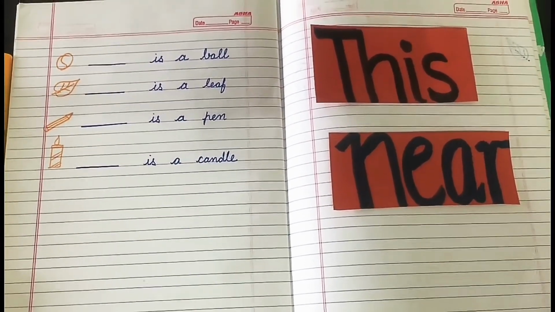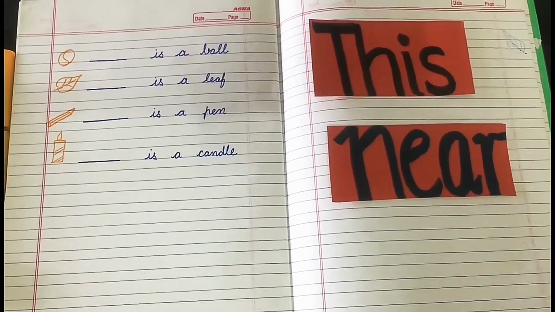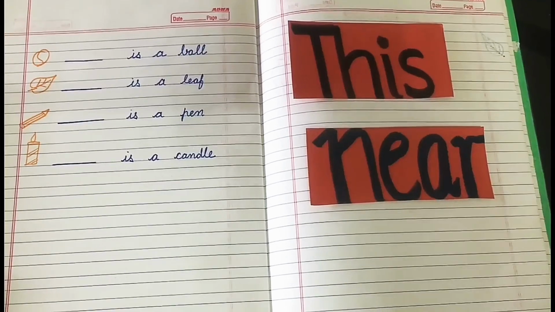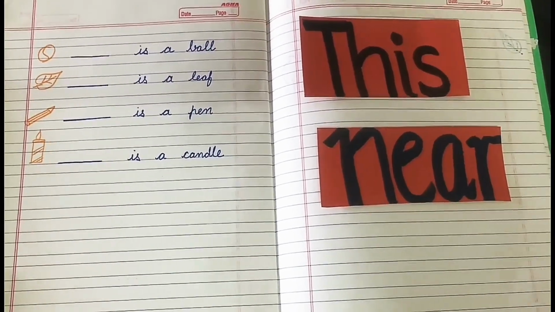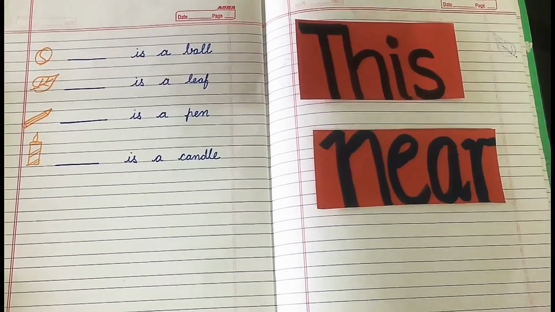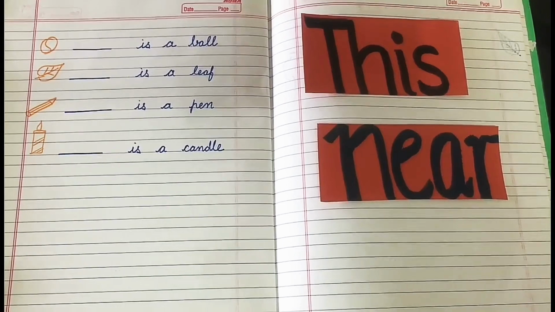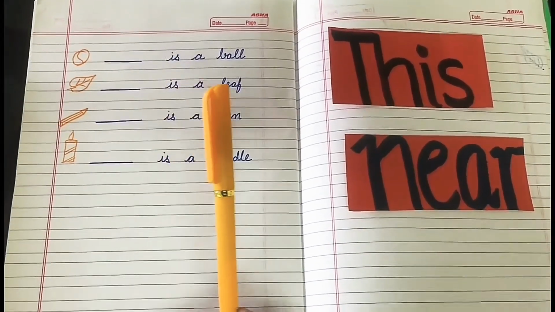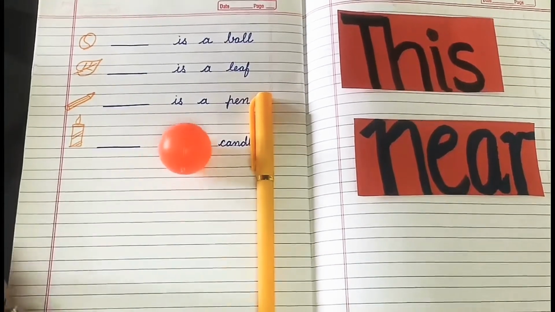This is used for an object which is near to us or which we can touch, and a very important thing is this is only used when the object is singular or one. For example, this is a pen. This is a ball.